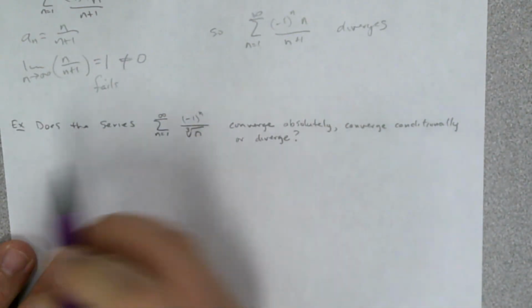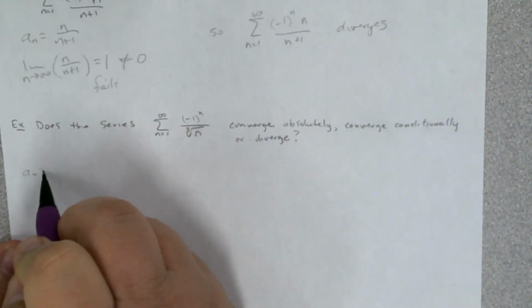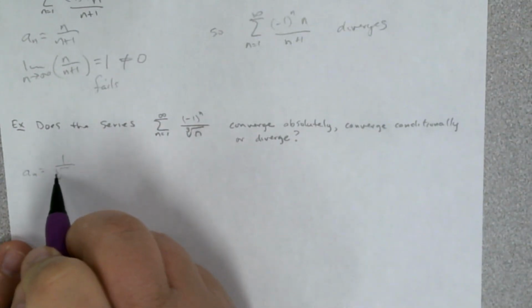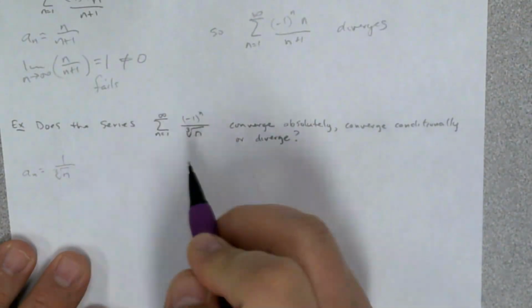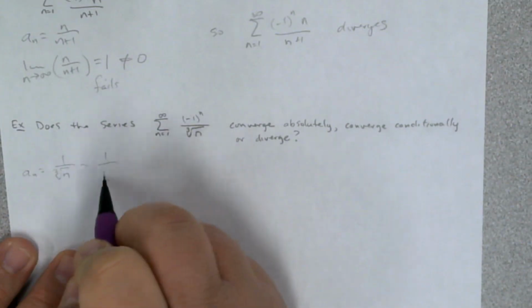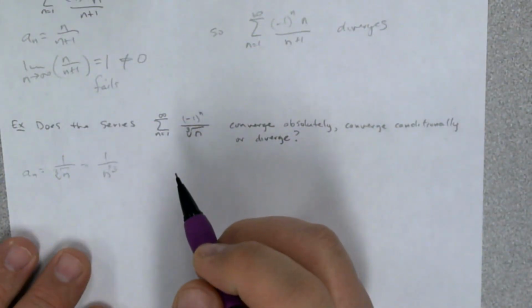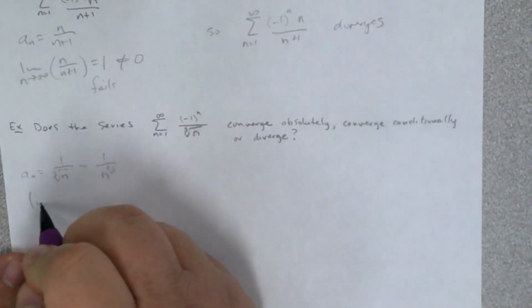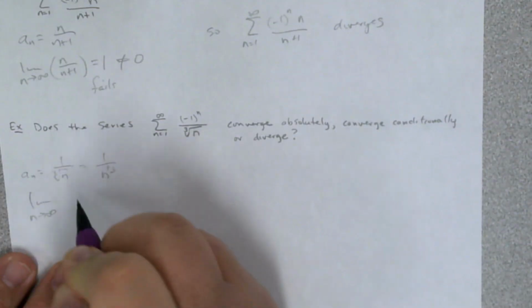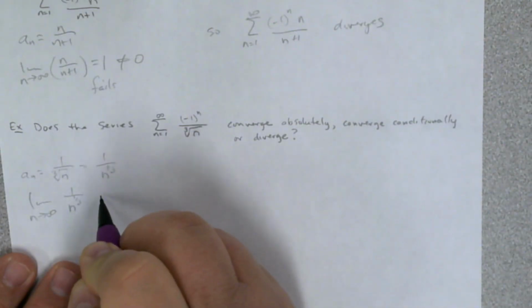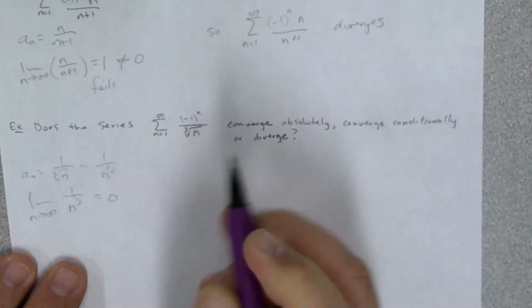We have a sub n is 1 over the cube root of n, which we can write as 1 over n to the 1/3. We can take the limit as n goes to infinity of this, and we see that this is going to go to 0, so we're good.